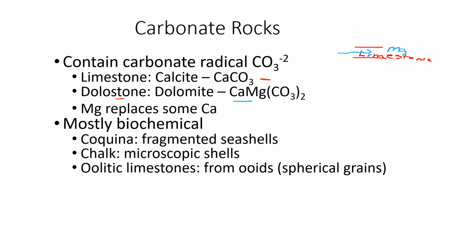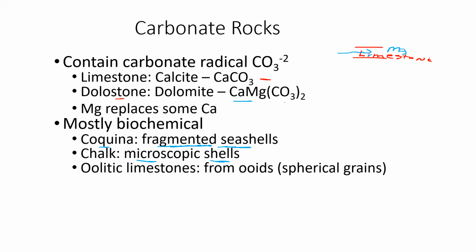Mostly biochemical would be coquina. That is a term for just generically any rock that is composed of fragmented seashells that have been cemented together. Chalk is formed from microscopic shells, microscopic critters called foraminifera or coccolithophores.